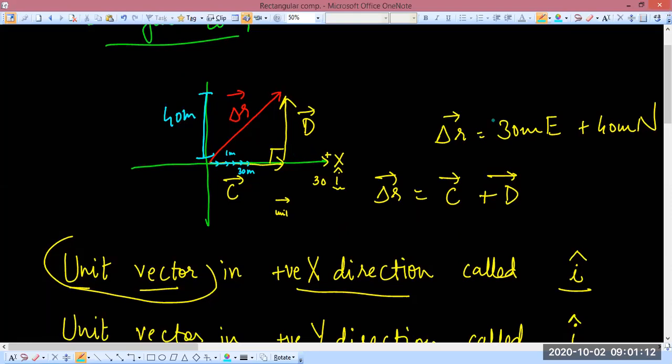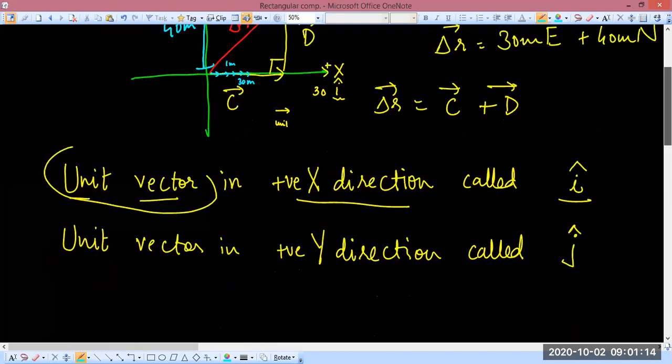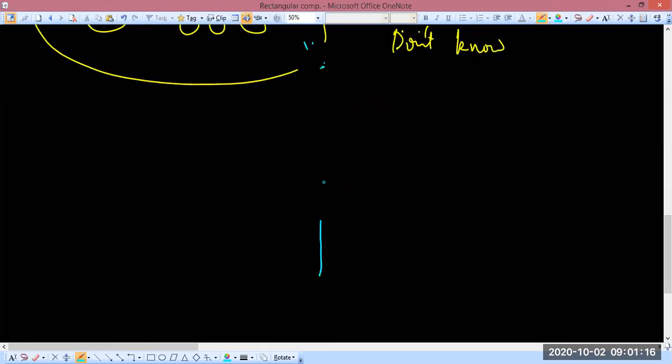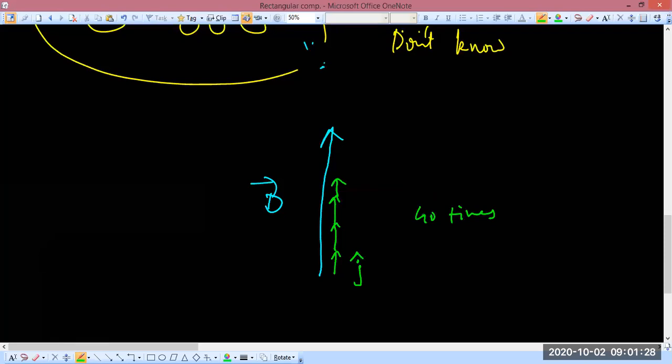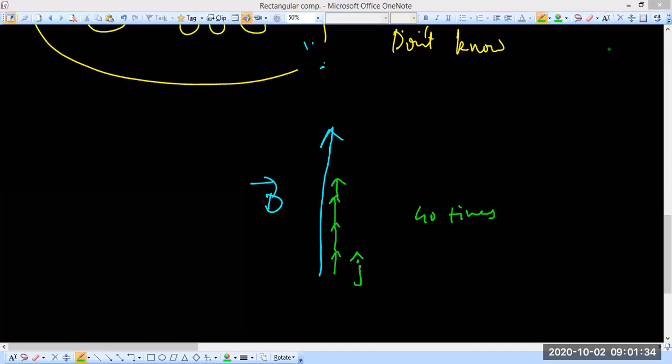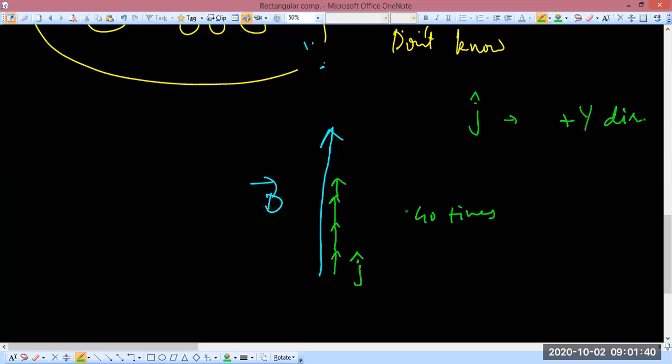So for making that D vector, I will have to draw 40 unit vectors. But this unit vector is j hat, because once again, j hat means the unit vector in the positive y direction.